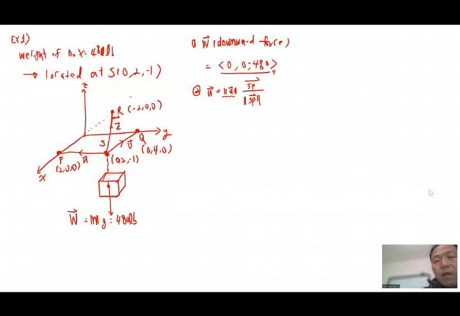That is the unit vector along the direction of SP.